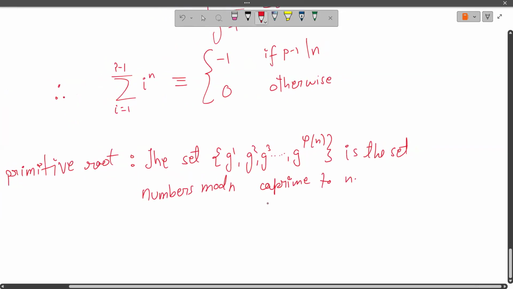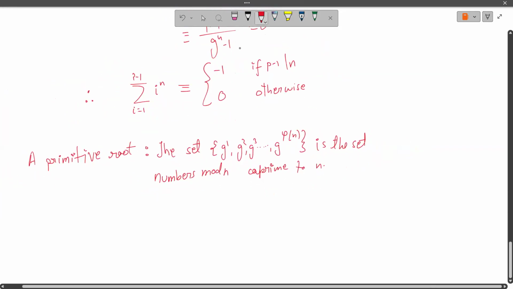This is the definition of a primitive root for a general n. Is this clear, people?